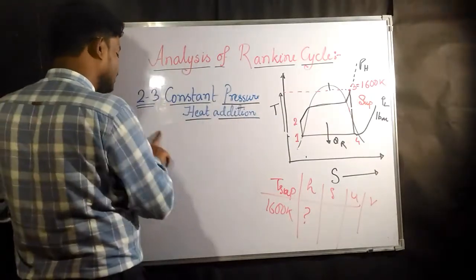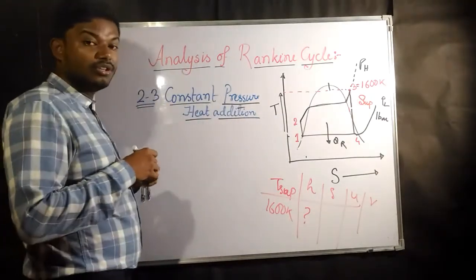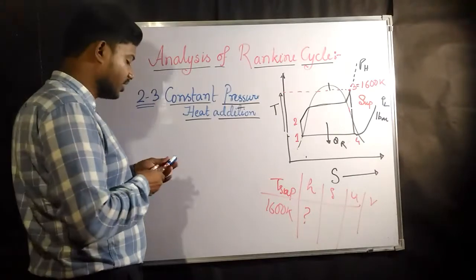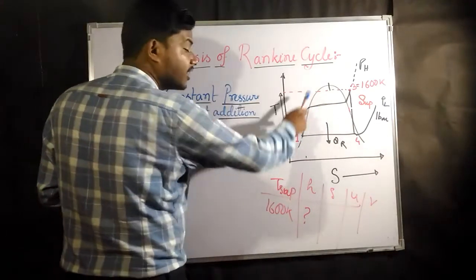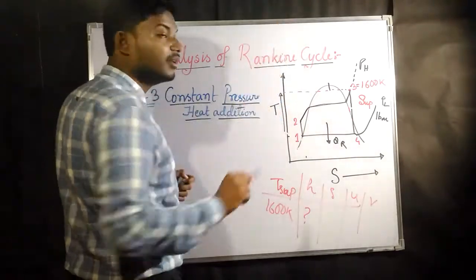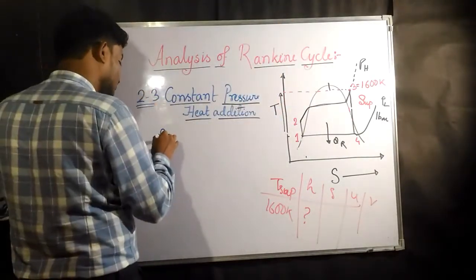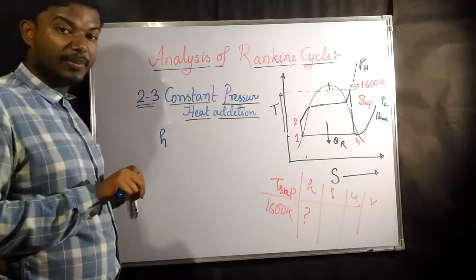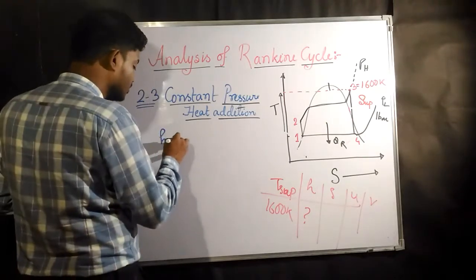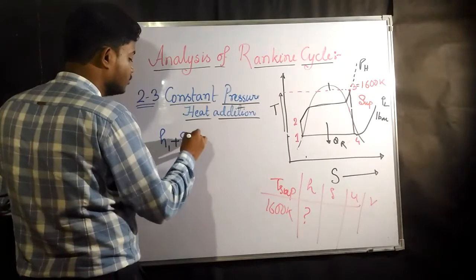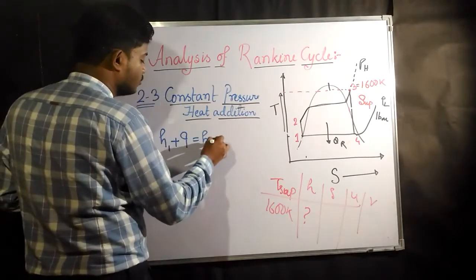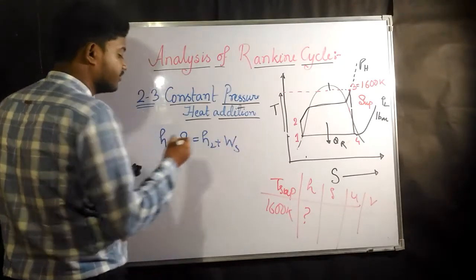Now why I am saying this: if you remember, what is going to be the first law for an open system? So this is a boiler where water is going in and water is coming out from somewhere. If you apply the first law for an open system, it is going to be nothing but H1 plus Q equals H2 plus W shaft.